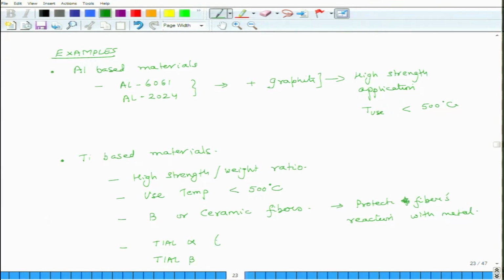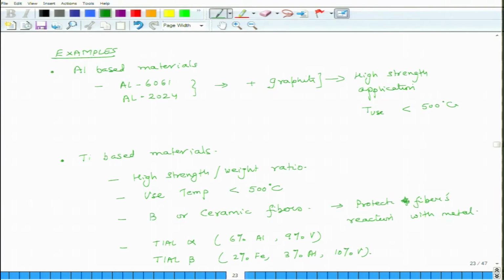In TL alpha, of course, titanium is there, but you have 6% aluminum and 9% vanadium, and in TL beta you have 2% iron, 3% aluminum and 10% vanadium. So, this is what you have.